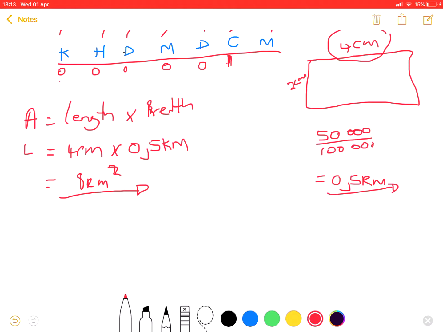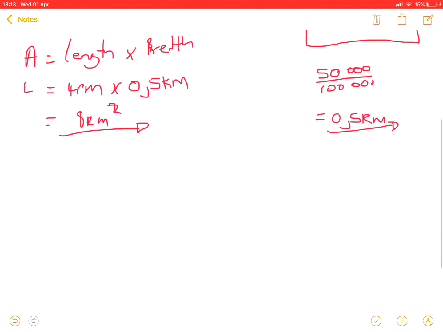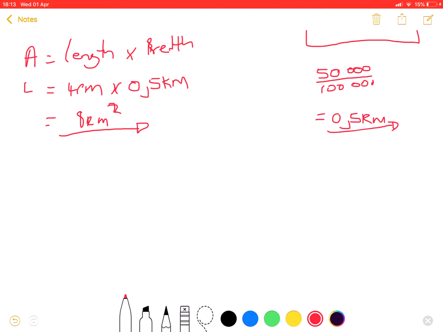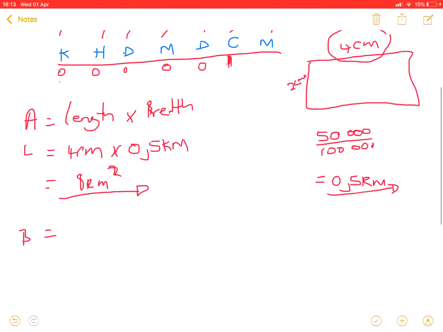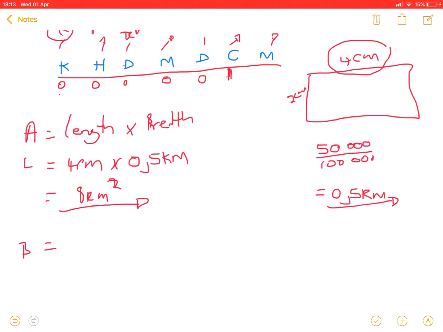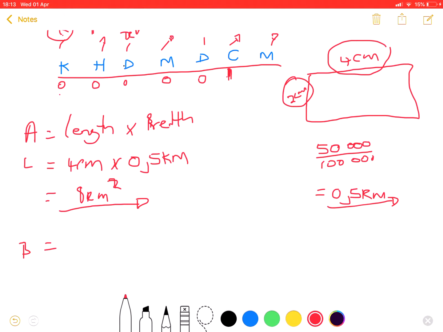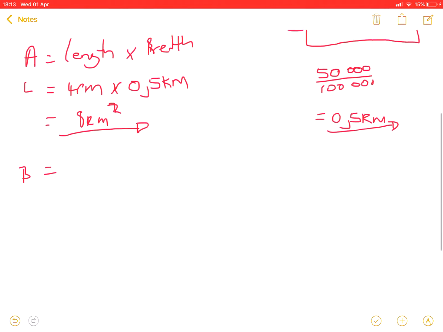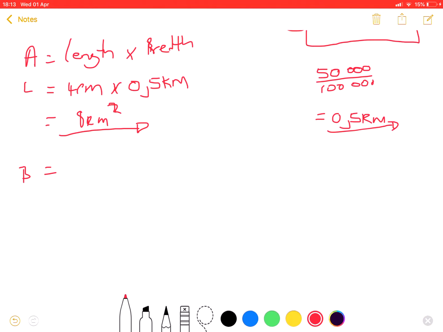So we were just only calculating our length. Now let us calculate the breadth. What is our breadth? Here is our breadth. It is 2 centimeters. Then we are going to say 2 centimeters multiplied by what?